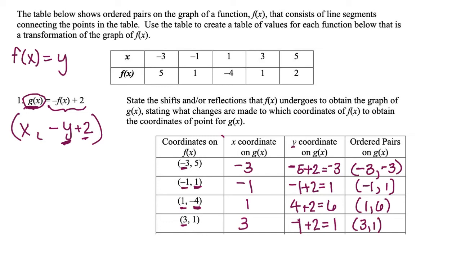And it looks like one might have gotten cut off. Looks like 5, 2 got cut off for some reason. If you have 5, 2 on your paper, then let's go ahead and do that one. It looks like 5, 2 is cut off on this one, so I'm going to just block in 5, 2 here.